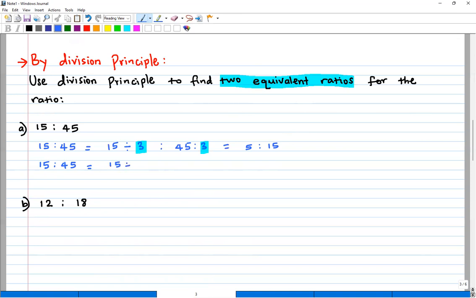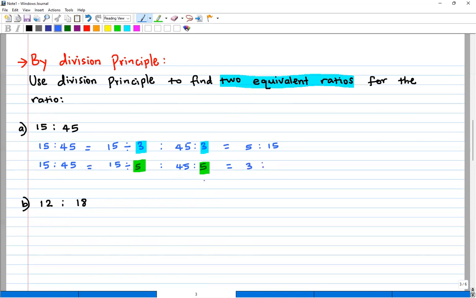So this is equal to 15. Let's divide it by 5 this time. So 45 divided by 5. So you can see we are having divided by 5 here and here divided by 5. So now we say that this is equal to 15 divided by 5, that will be 3.